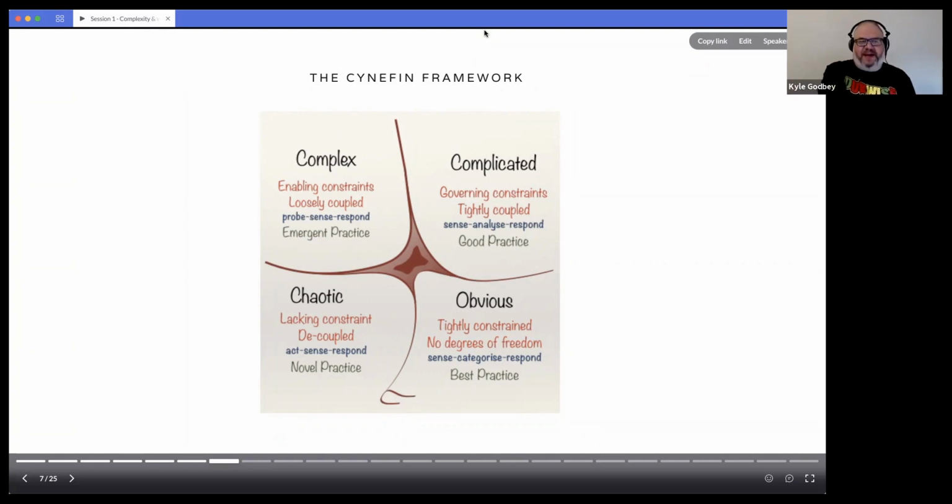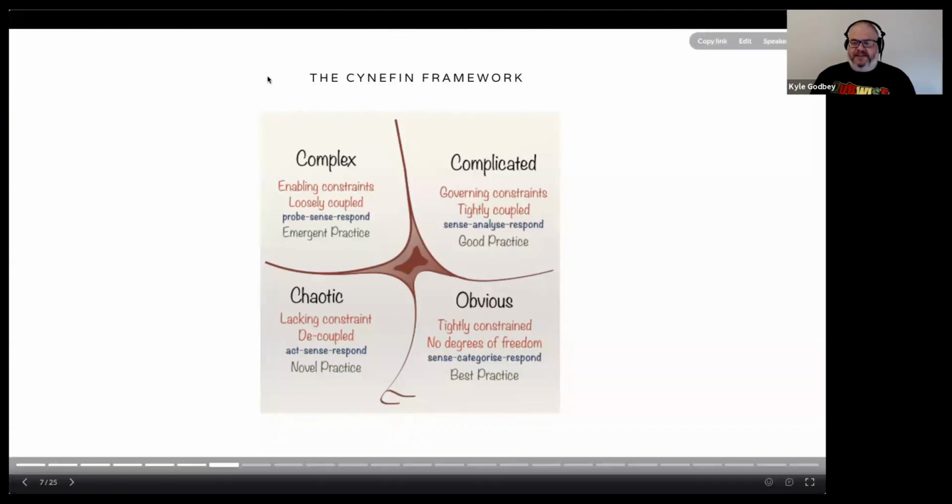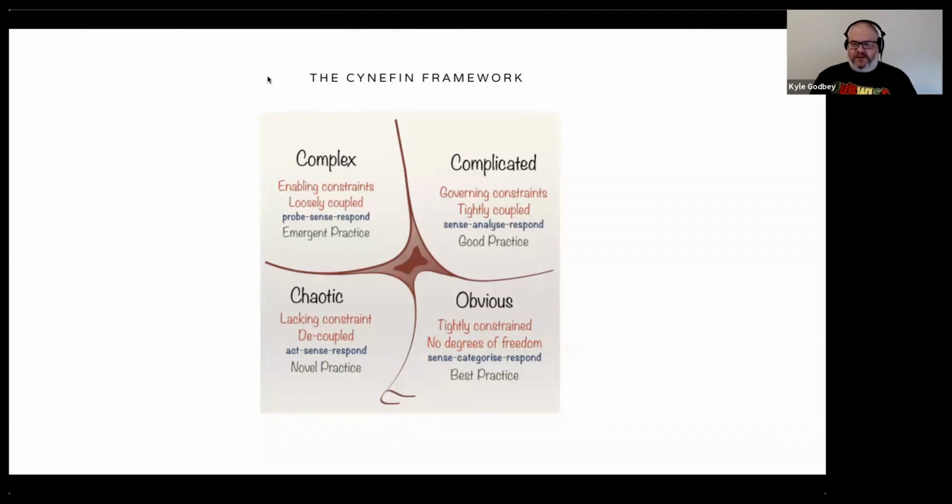On the left side are the two unordered systems. Complex systems are entangled, and that means that it's no longer atomic. It's not that every component is its own defined piece. It means that they become super systems because they have connectivity to them.